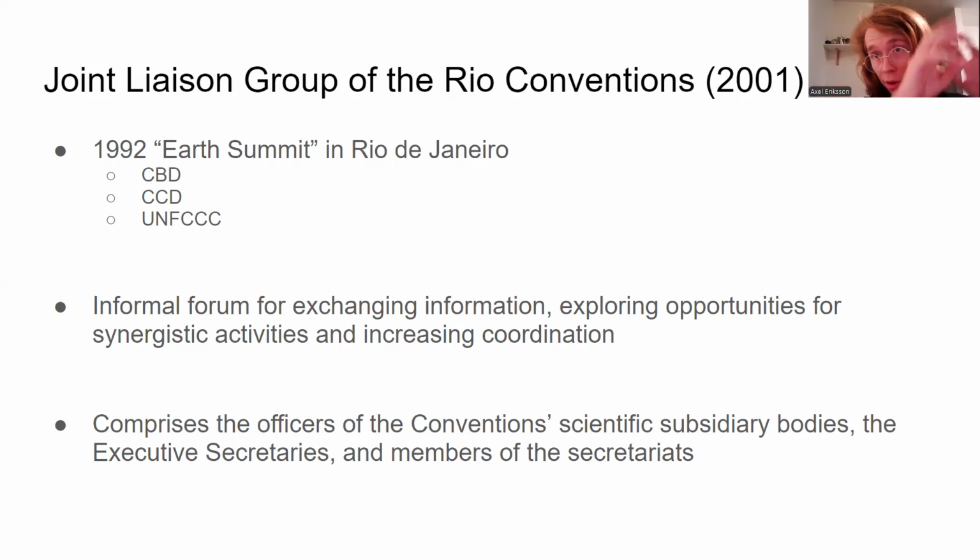Each of these three conventions have executive secretaries, who are basically the highest staff in the team, and the members of the secretariat. So this is the joint liaison group on the Rio Conventions.